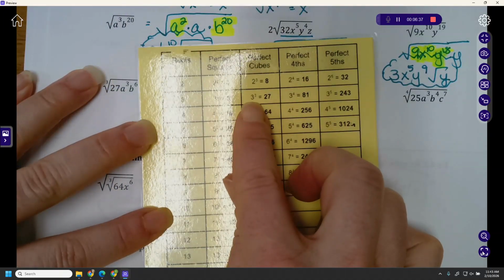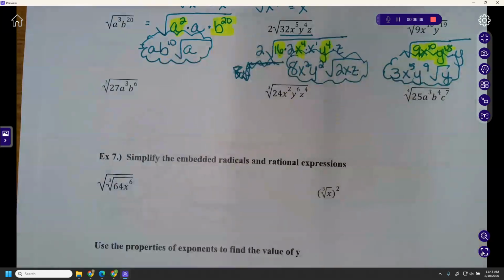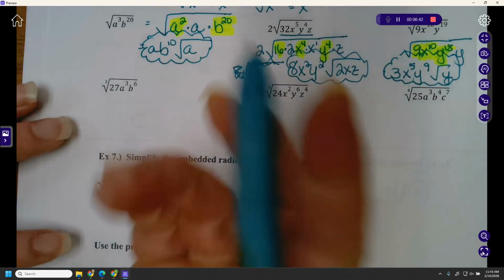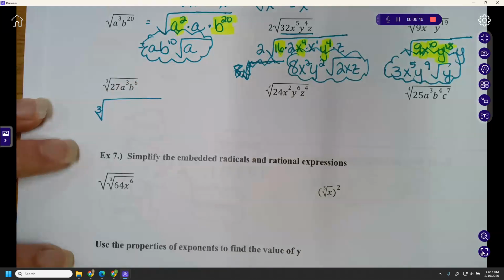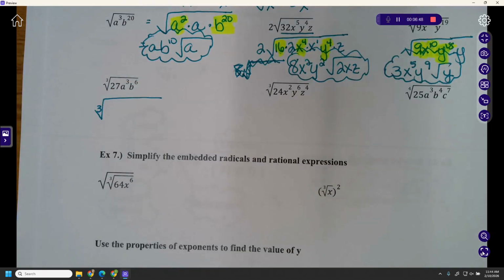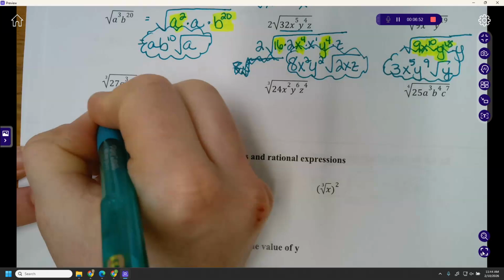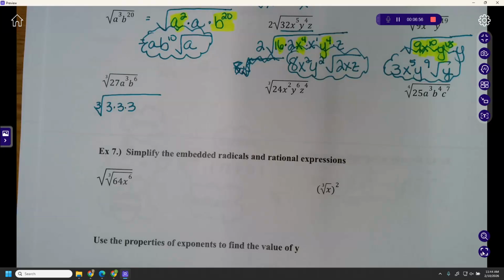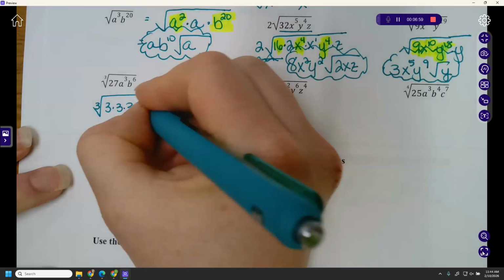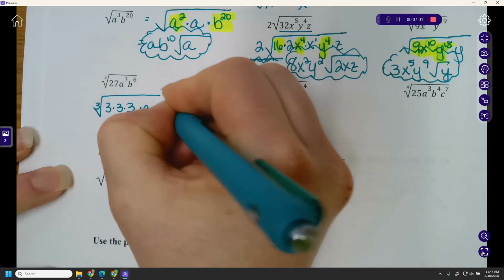The cube root of that is 3. So I'm going to show this a couple different ways. In order to take things out of a cube root, there needs to be the factor multiplied by itself 3 times. So in other words, this means 3 times 3 times 3. I can take out all of those, okay? A times A times A is A cubed.